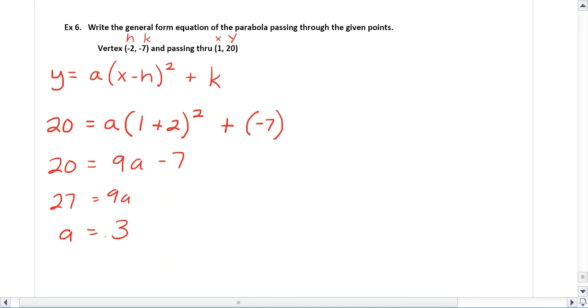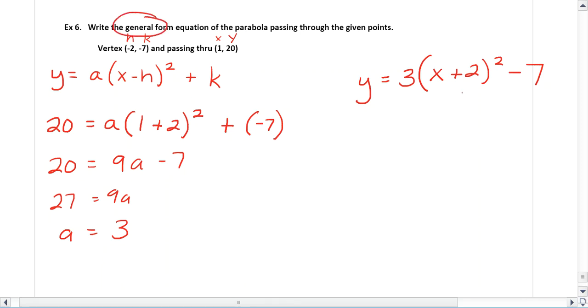So now that I know a and I know the vertex, I can write this parabola in its vertex form. I put in the 3 where the a goes, and it says minus h, and h is already a negative 2, so that would become a plus 2 squared, and then the k is just minus 7. So now I'm almost there. I have the vertex form, but I'm asked for the general form.